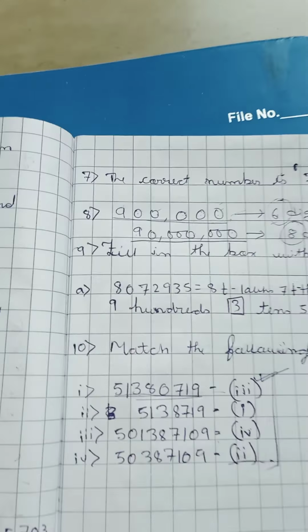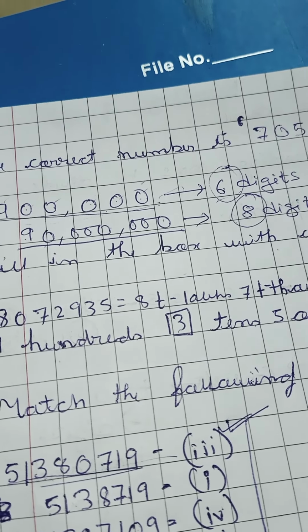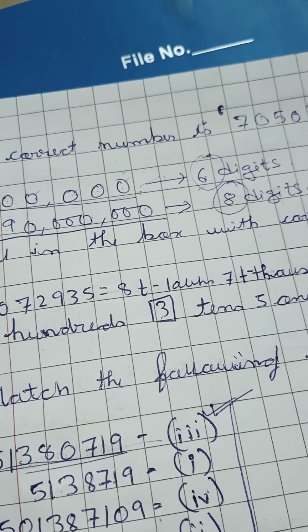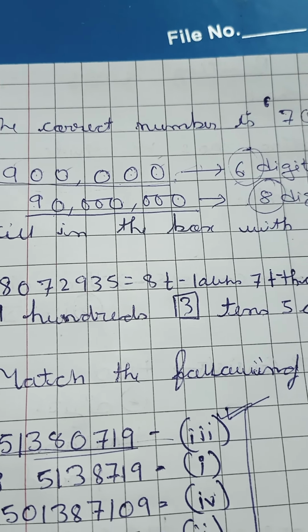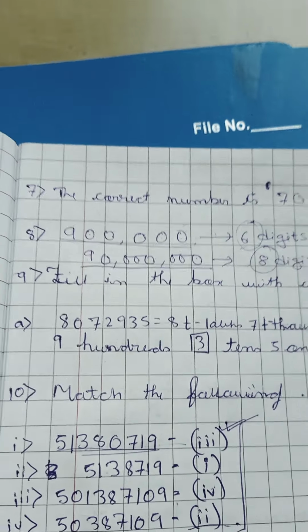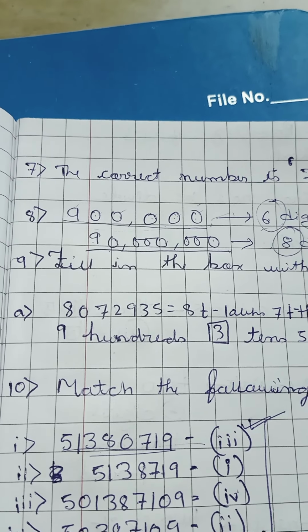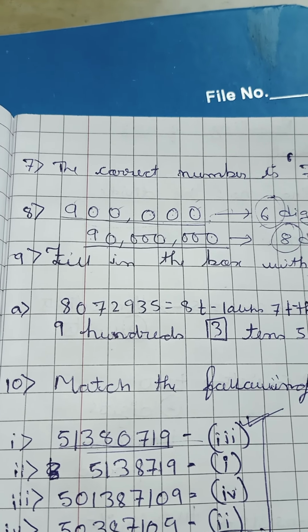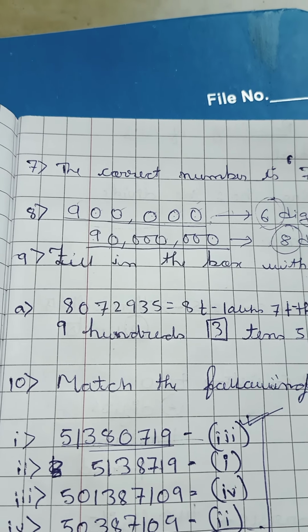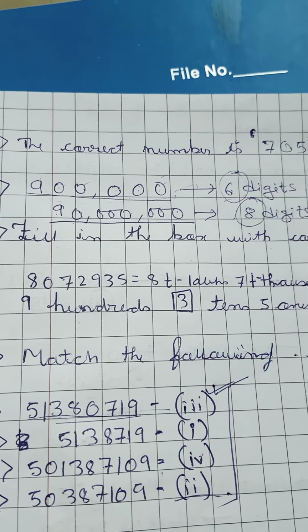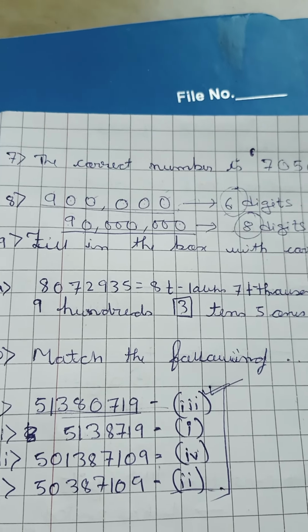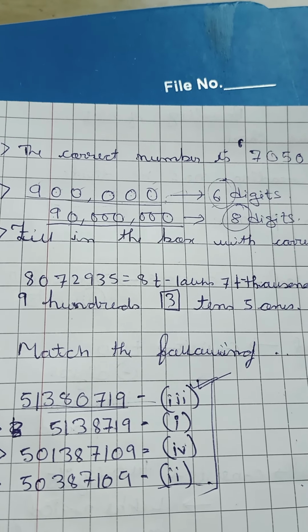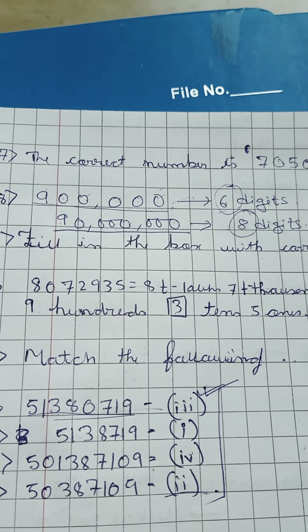So in number 7, just see the question that is given. Here a number in words has been given, and you have to see whether the number written in numerals is correct or not. Let me read the question once for you, then it will be clearer what to do.